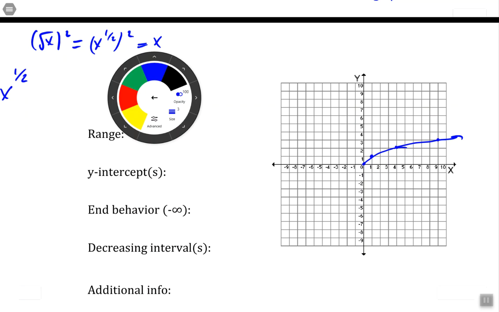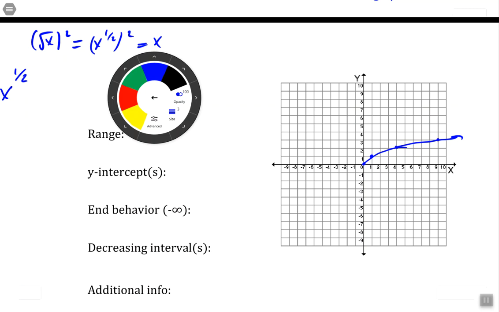Now, transformation-wise, if our a was a -1, would we reflect it across the x-axis? And we produce the other arm of that sideways parabola. We'll talk about those later. Looking at that, are there any values for that function that are to the left of 0?